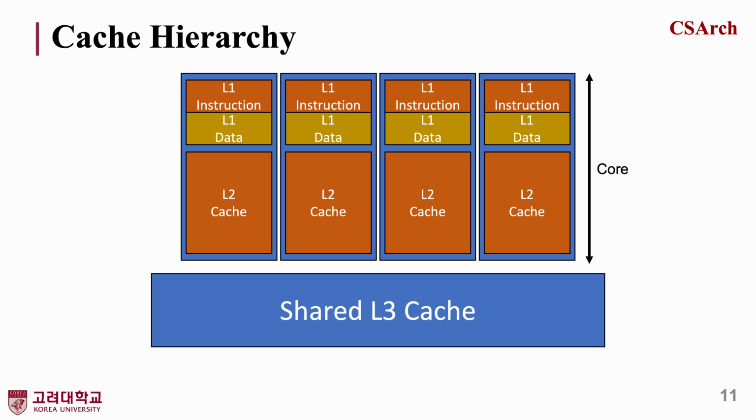This large inclusive L3 design simplifies coherence because it keeps track of what resides in the private caches. Together with the integrated memory controller in the uncore section, this cache hierarchy reduces memory latencies and also improves both scalability and performance across multi-core systems.